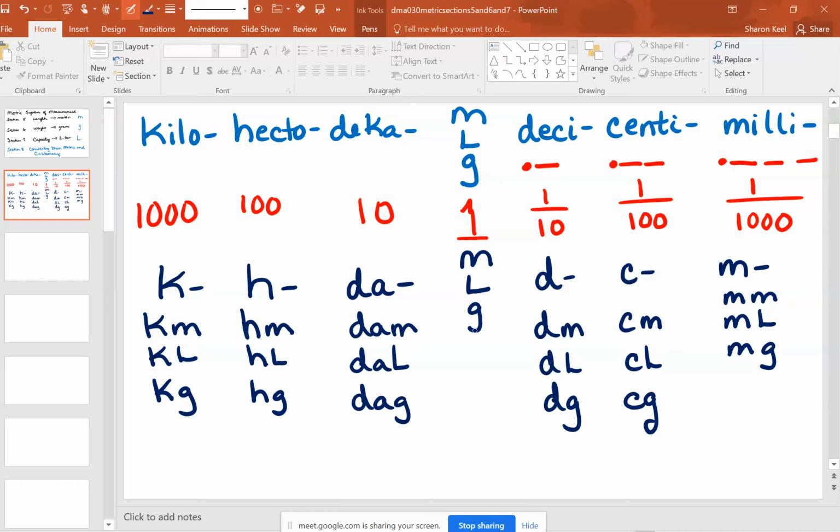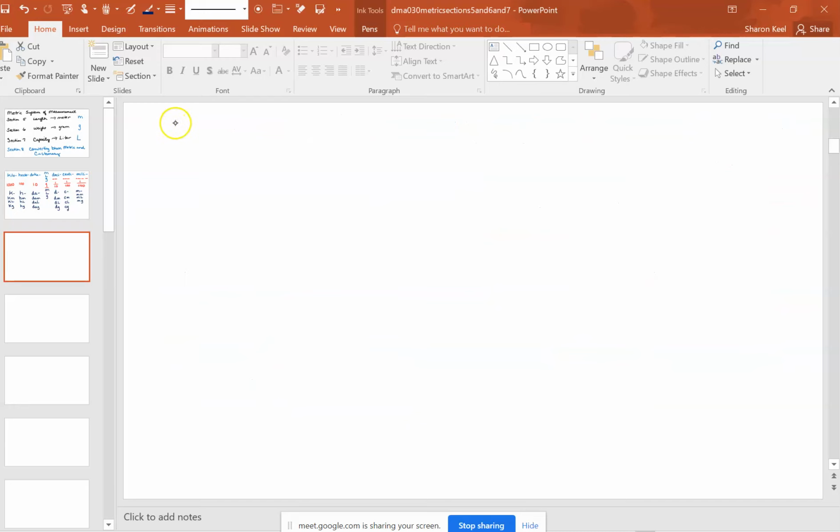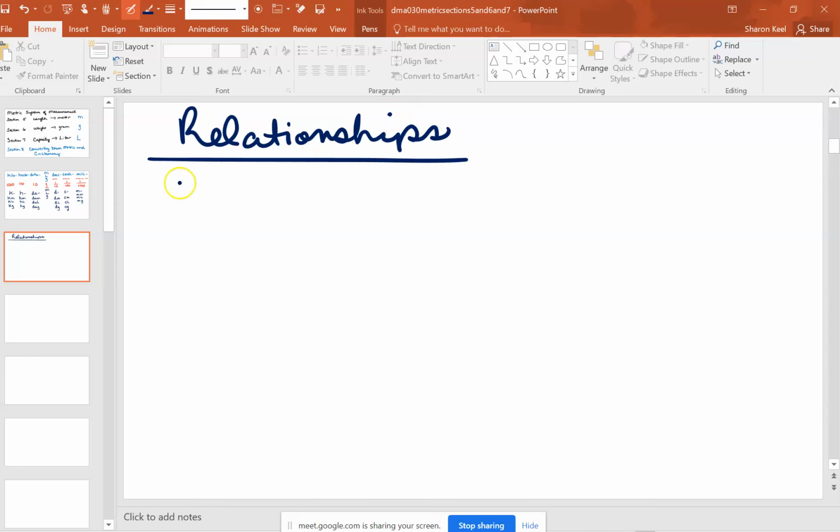Another thing to think about when we talk about the metric system is the size of these things. Let's call these relationships. If we think about a centimeter, what is the width of a centimeter?